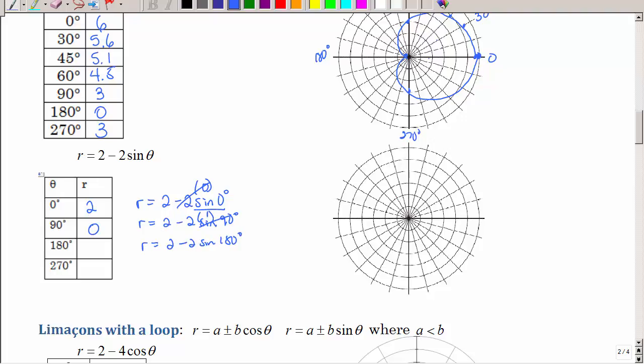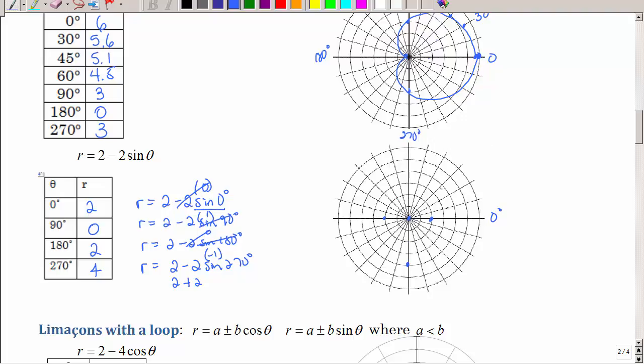The sine of 180 is 0, so that's 2. Now the sine of 270 degrees is negative 1, so that's going to be 2 plus 2, which is 4. Alright, so 1, 2, back to 0, 2, 1, 2, 3, 4.